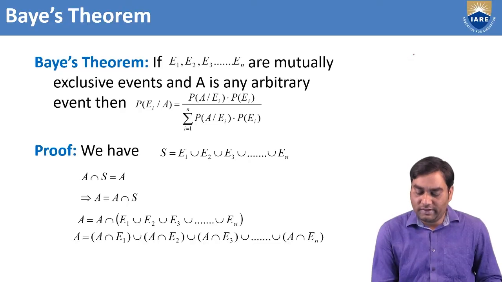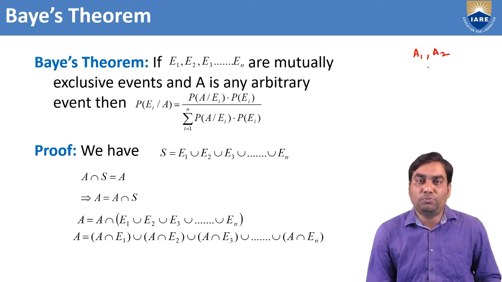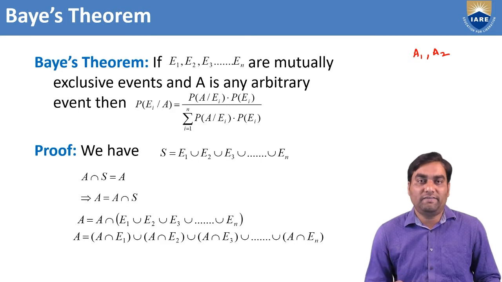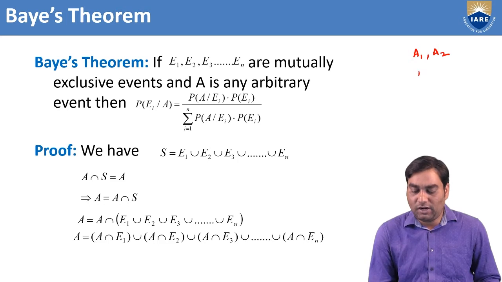If any two events A1, A2 are said to be mutually exclusive events, that means there is no common point between them. There is no common point between the given two events A1 and A2. That means A1 intersection A2, that means common point, is equal to phi. Phi means null set.